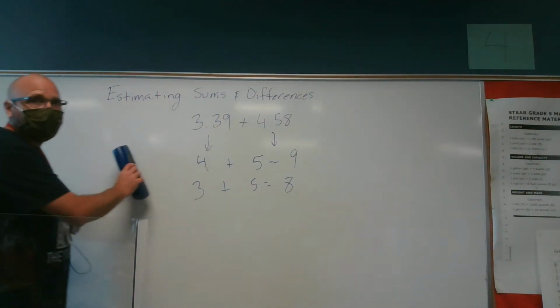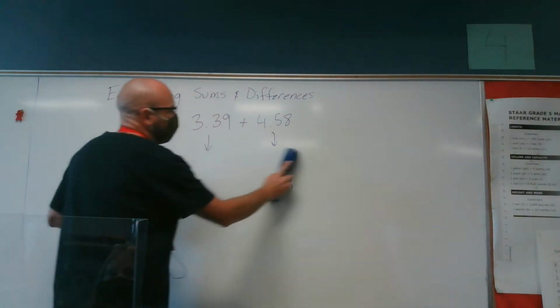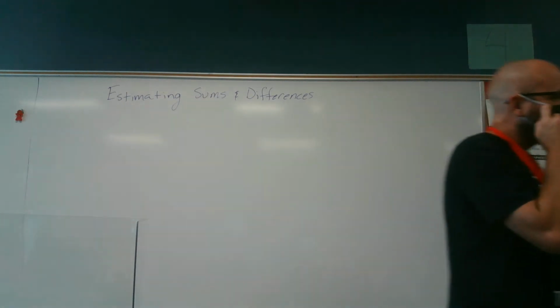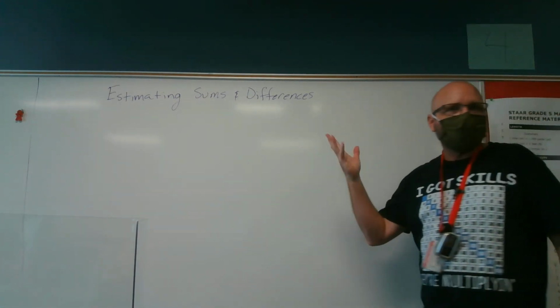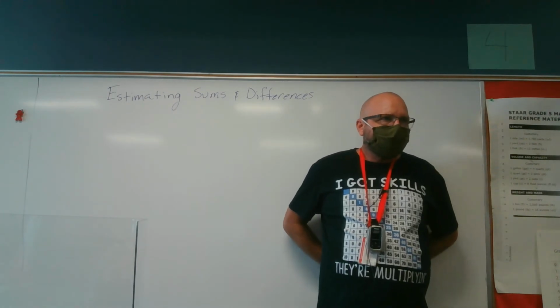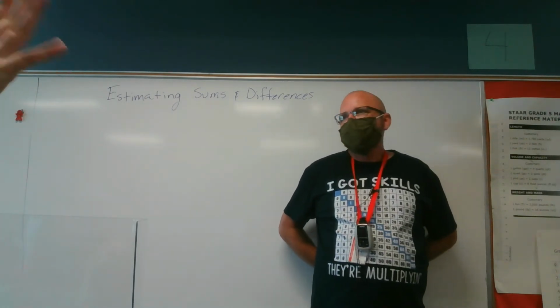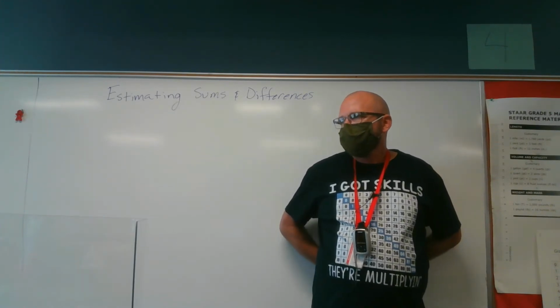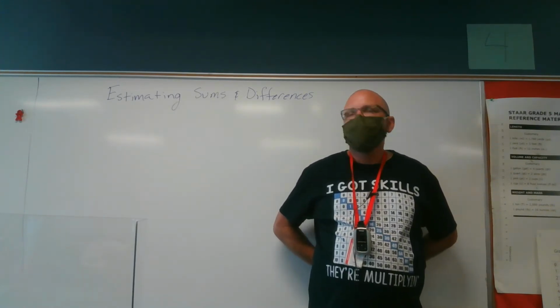Let's see. Kipton, give me one place you would estimate in real life. Okay, but why? For what situation? Okay. Layla? There's 2 places. Either one at like In-N-Out or something if you're getting food.